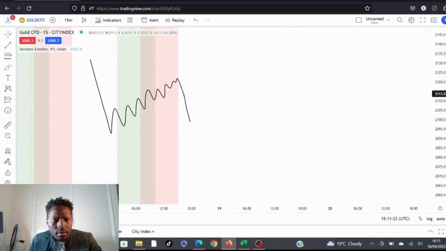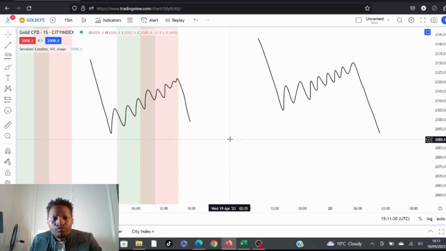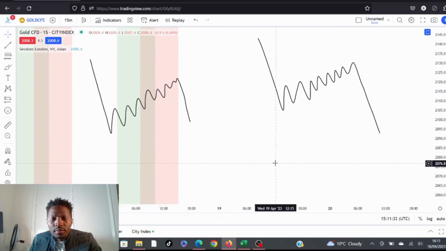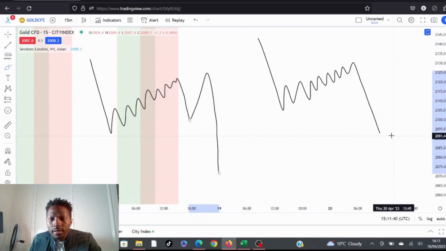Okay, this trade is not going to be. So this is the second instance. These two structures look similar, but they're going to behave differently. While this is going to do this, this is going to do this. This could do this.